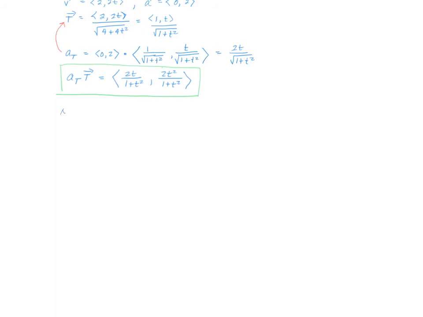So my normal vector, recall that that's going to be the derivative of the tangent vector over its magnitude. And I have my tangent vector, so if I were to compute the derivative of the tangent vector, oh, and this is written in terms of square roots.